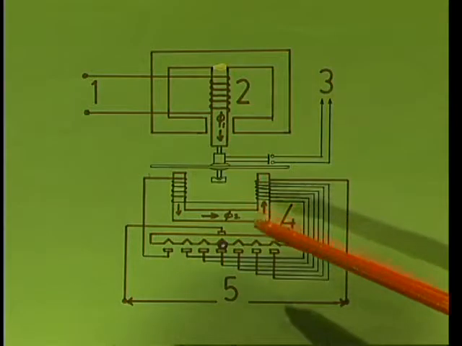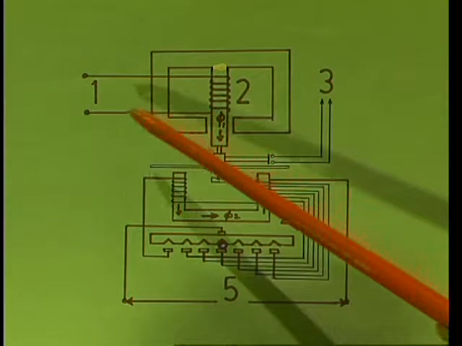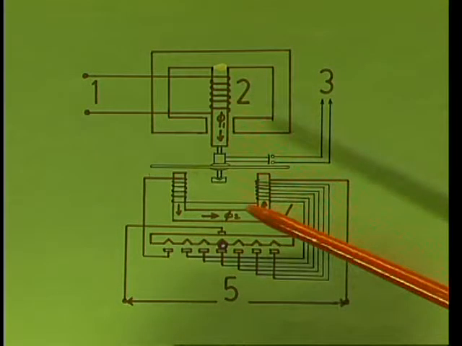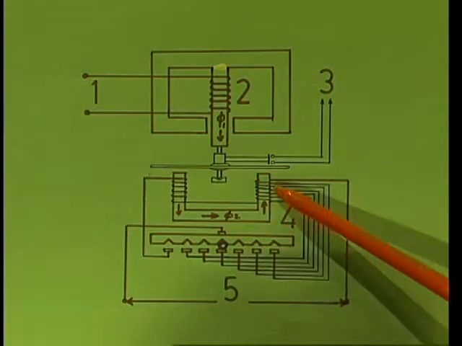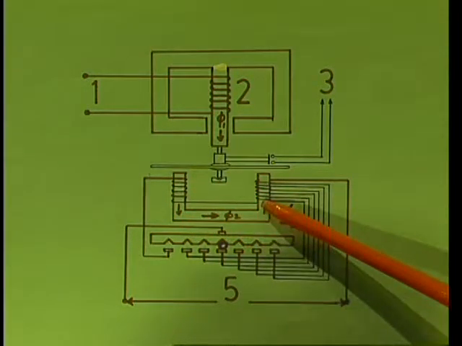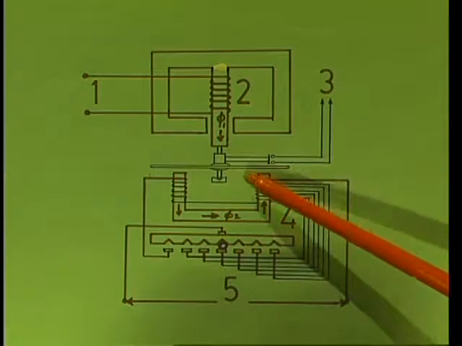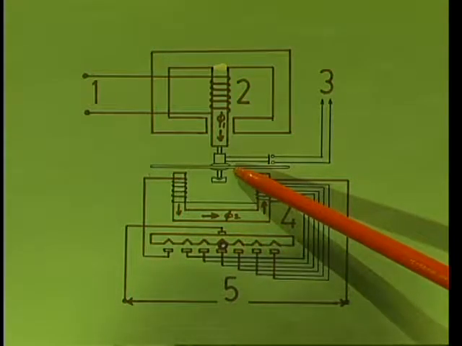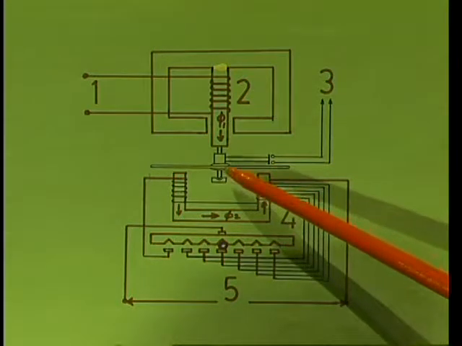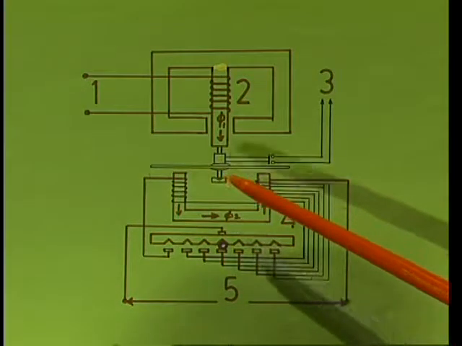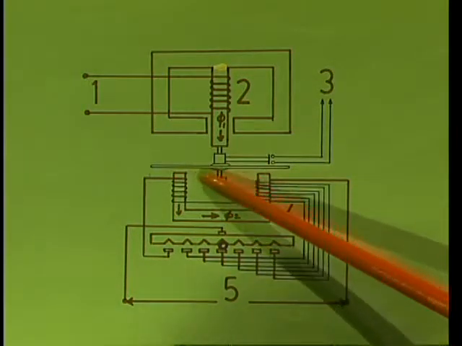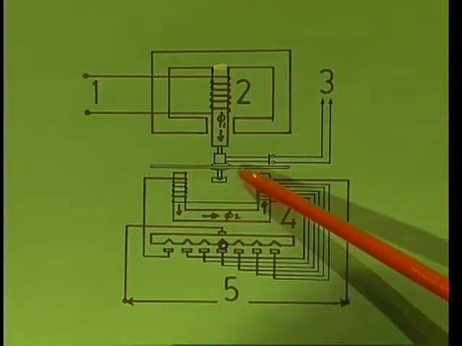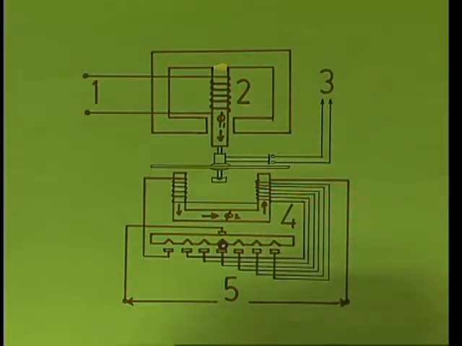This is phi 1, due to the voltage of this electromagnet, and this phi 2 is due to the current of this electromagnet. These two fluxes act upon the disc, and hence the disc rotates against the spring, the restraining force provided under the disc. So the construction is like this.